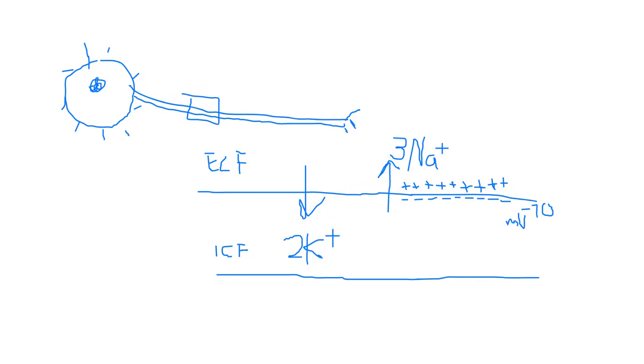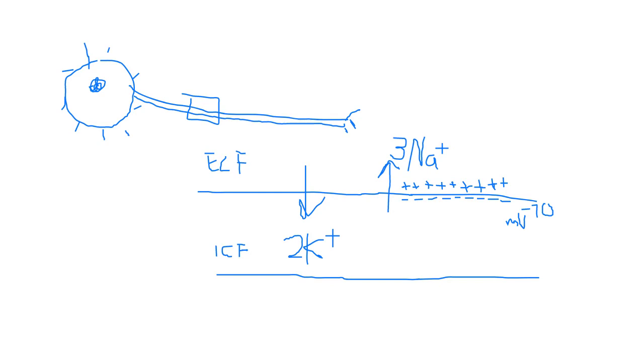The extracellular fluid, the outside of the plasma membrane, is more positive and contains more sodium ions and less potassium ions, just the opposite. So if you know one, you know the other. I'll say it one more time. The inside of the membrane, the intracellular fluid, is negatively charged and contains more potassium ions but less sodium ions. And it'd be opposite for the outside.